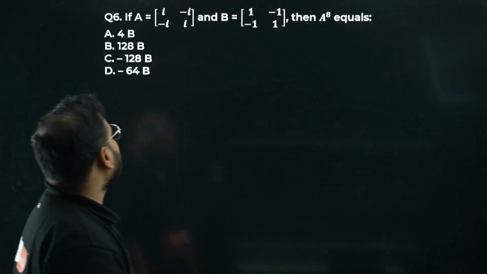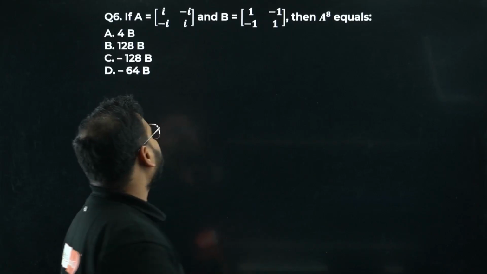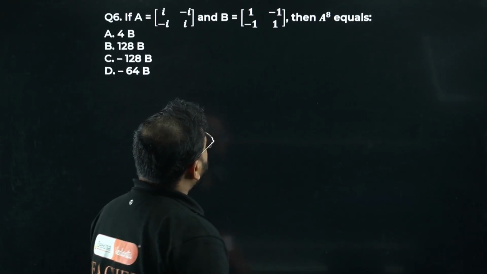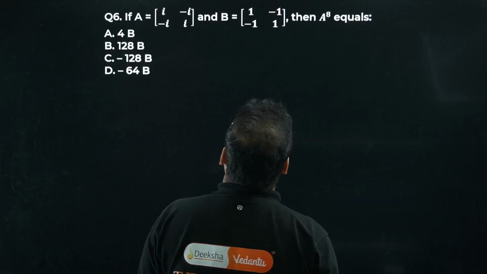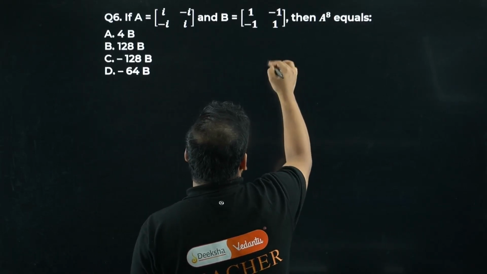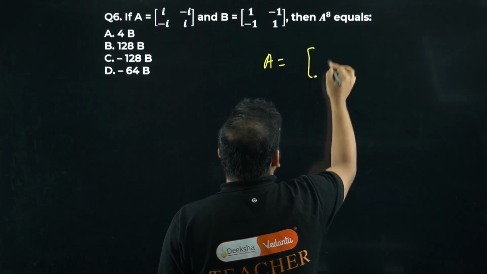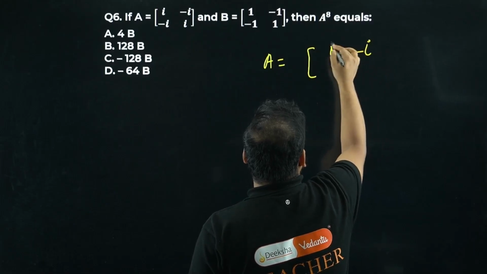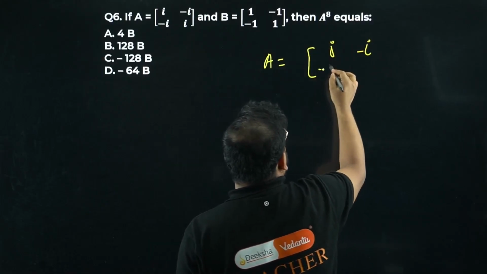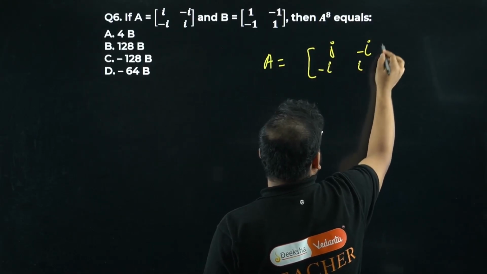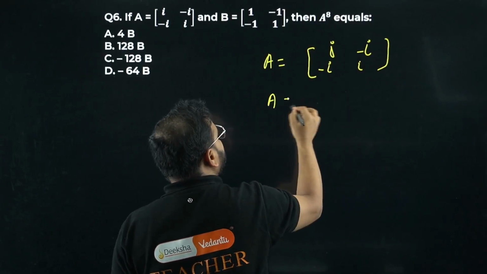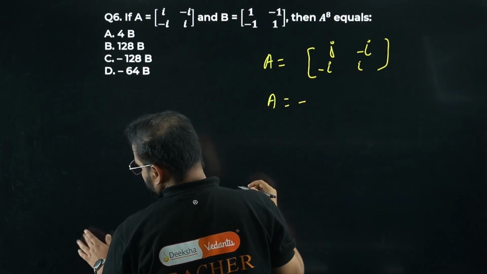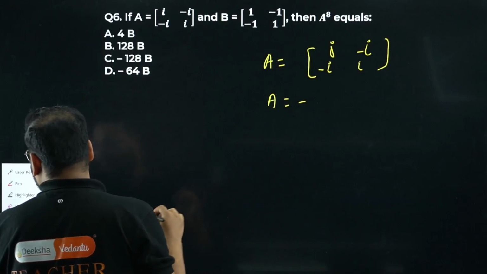Question number 6. If A equals the matrix with entries i, minus i, minus i, i, and B is this matrix, then A8 equals how much? A is i, minus i, minus i and i. Can I take i common?